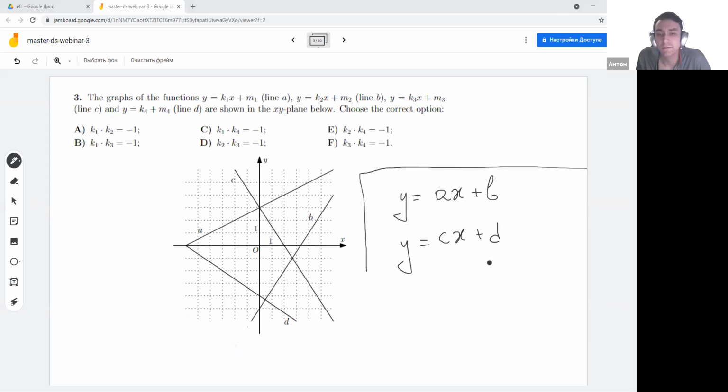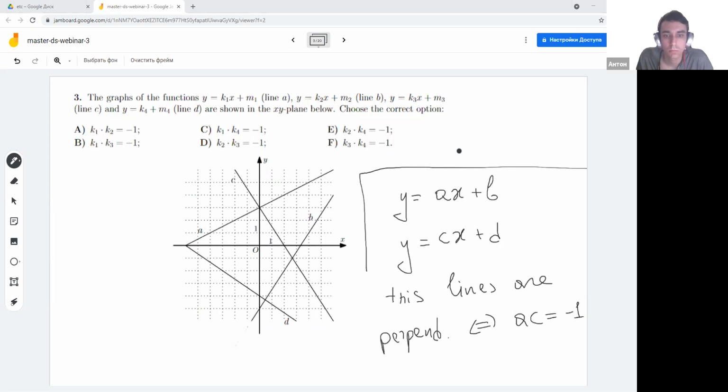So if I have these two graphs, then these lines are perpendicular if and only if a times c equals -1. Okay? So this is a general rule, and we can apply this rule here.